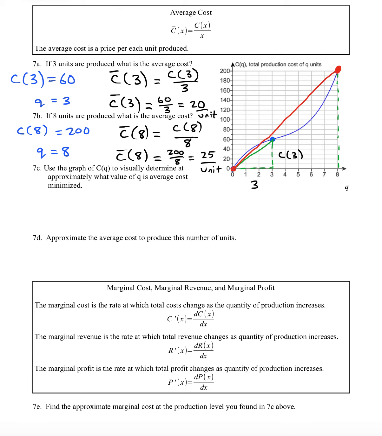Well, we want to find a point such that the secant we draw is the lowest that it could possibly be in slope. I feel like this point here, if I were to draw a secant between the origin and that point, then it would have the lowest possible slope.